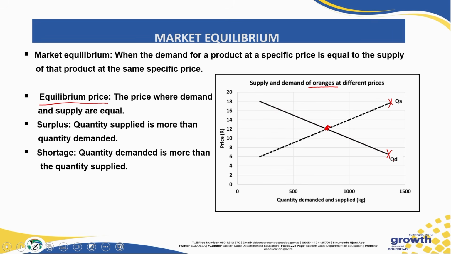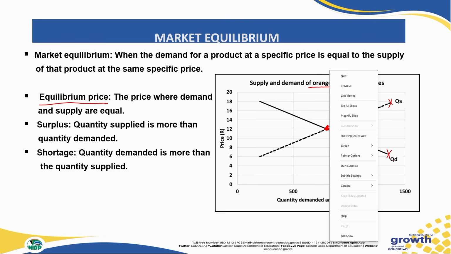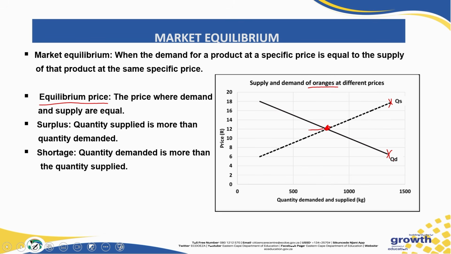Let's check the equilibrium price in this graph. We have the point of market equilibrium. Let's check now at which price these two are equal. It is at 12 rands. So our equilibrium price is 12 rands. Let's check the equilibrium quantity. At equilibrium quantity, let's go down.